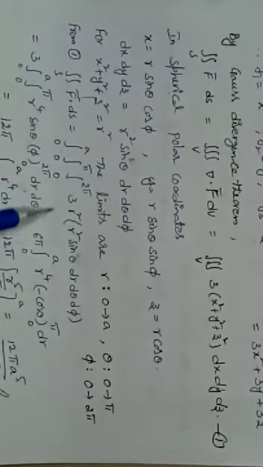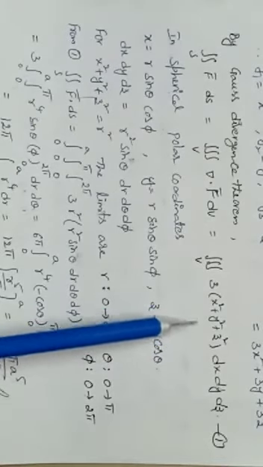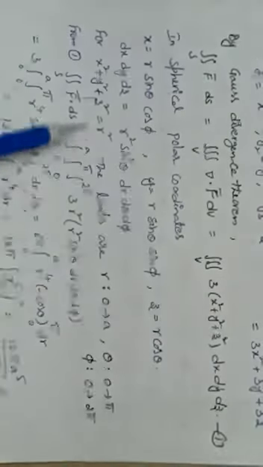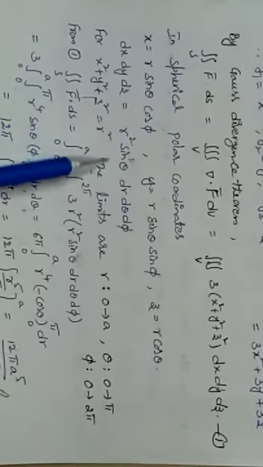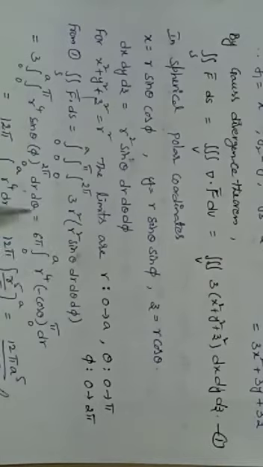Then substituting the 3 into what we have here, x squared plus y squared plus z squared, that is given as the radius r squared, into dx dy dz, which is r squared sin theta dr d theta d phi. So we have substituted in this, and firstly integrate with respect to phi, then with respect to theta, and then integrate with respect to r.